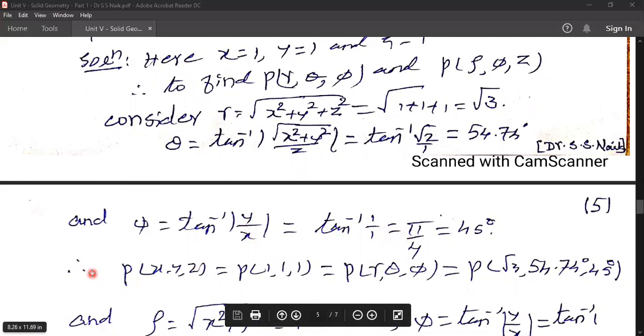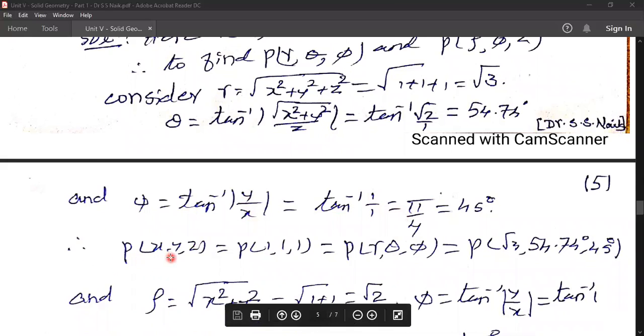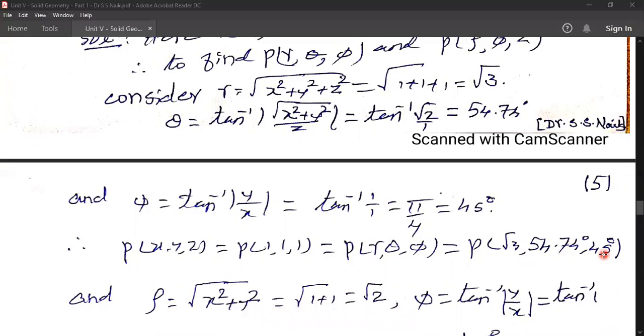Therefore, the point P(x, y, z), that is the Cartesian coordinates (1, 1, 1), is equal to P(r, theta, phi), which is P(square root of 3, 54.74 degrees, 45 degrees). These are the Cartesian coordinates converted to spherical polar coordinates.